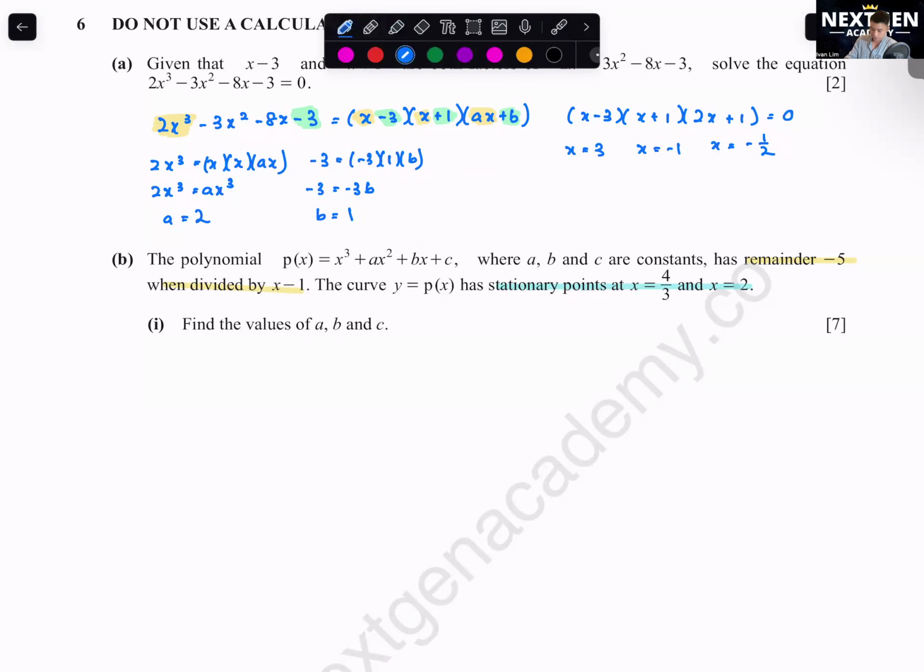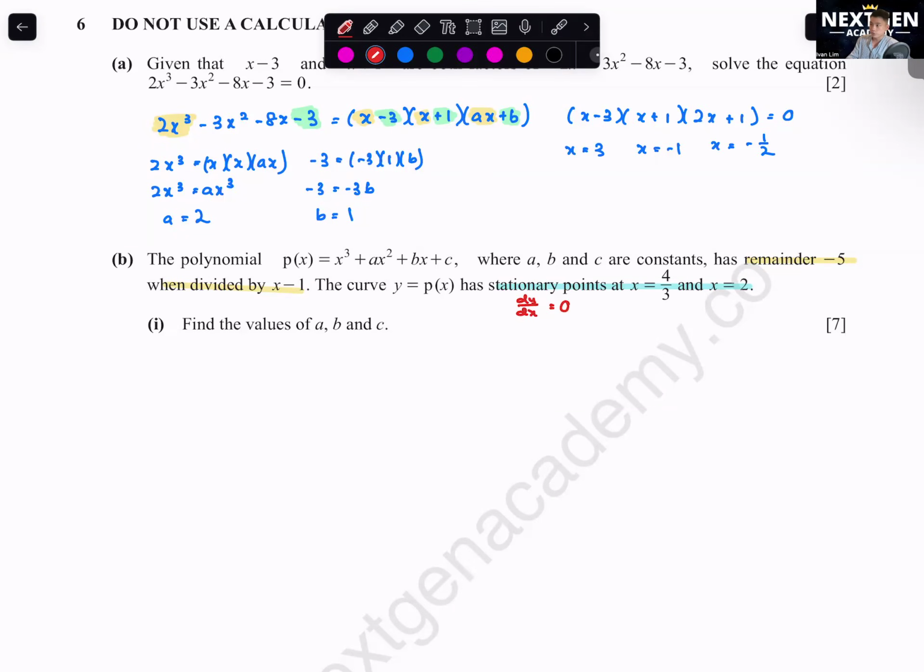Stationary point means dy over dx equals 0, or P prime x equals 0. So they are joining factors and polynomials with differentiation. If you've done enough past year questions, you will see they always merge differentiation into this chapter also. They ask you to find the values of a, b, and c.